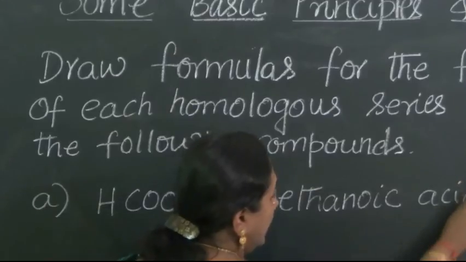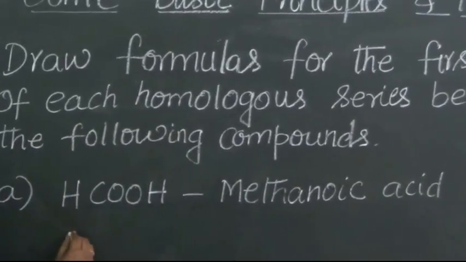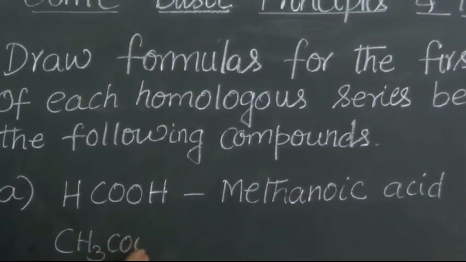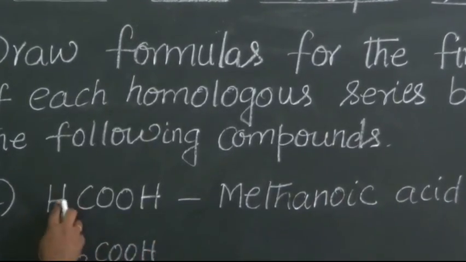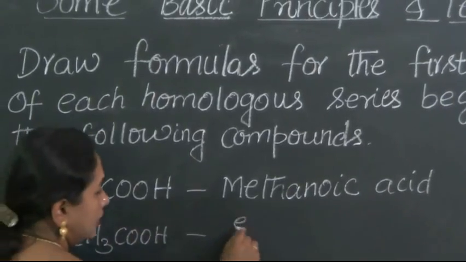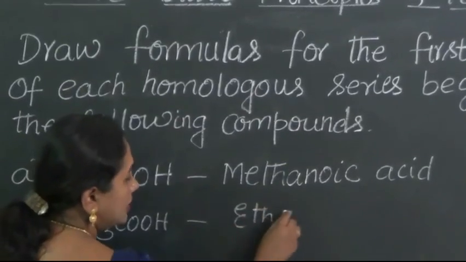Methanoic acid. The next member would be CH3COOH. Add CH2 to this, then you will get this member. The name of this is ethanoic acid.